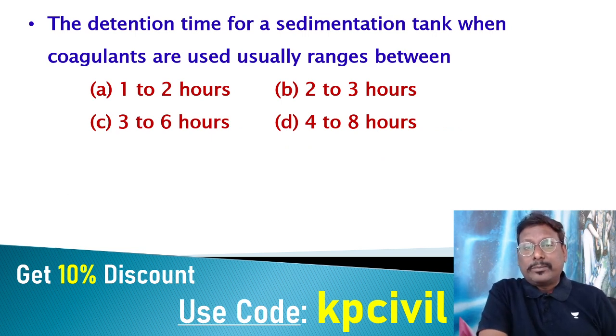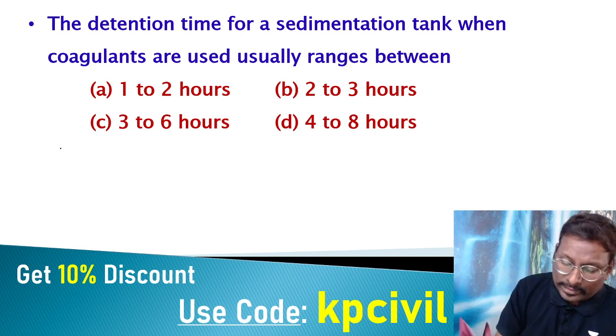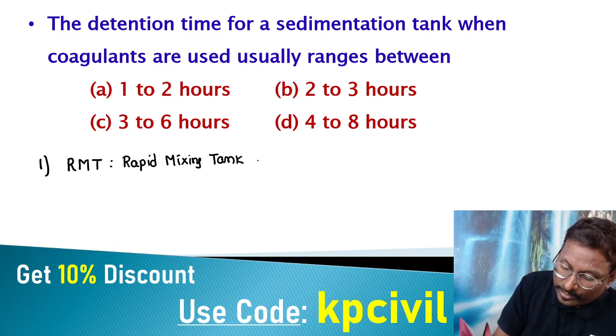The detention time for a sedimentation tank when coagulants are used usually ranges between. Here I would like to say what are the tanks involved in the coagulation process. First one, rapid mixing tank, RMT, which performs the coagulation operation. Rapid mixing tank will take 2 to 3 minutes or 1 to 3 minutes.